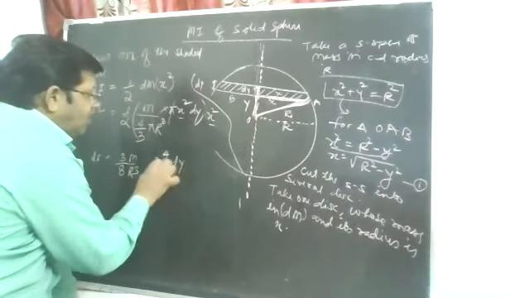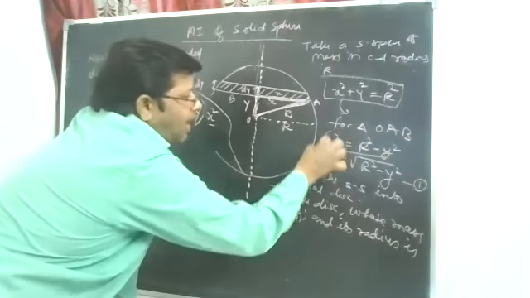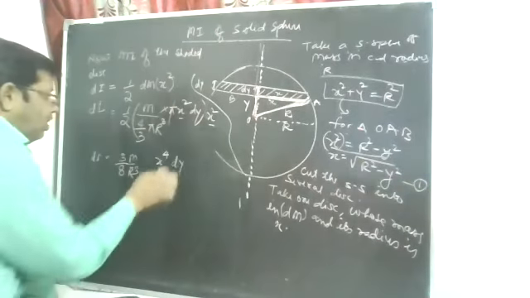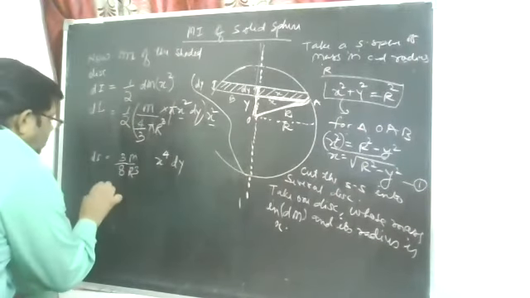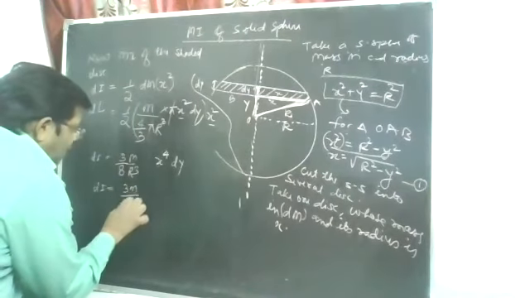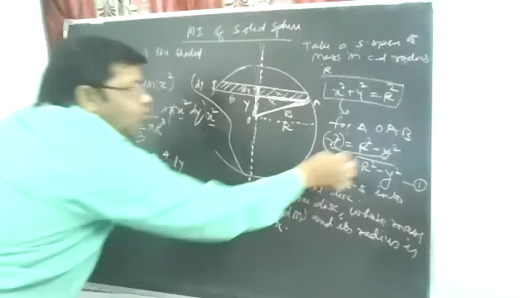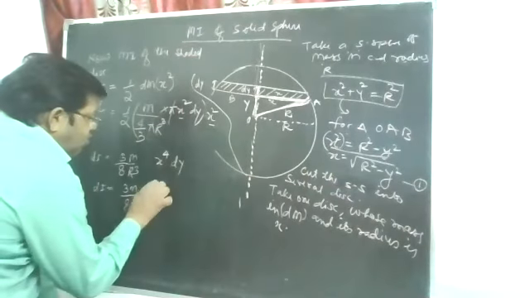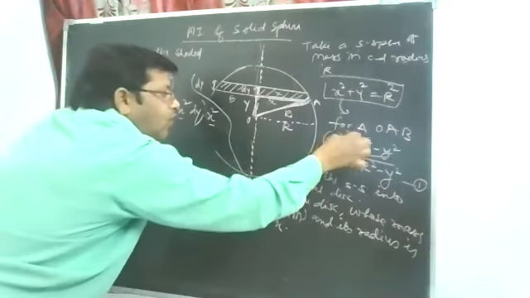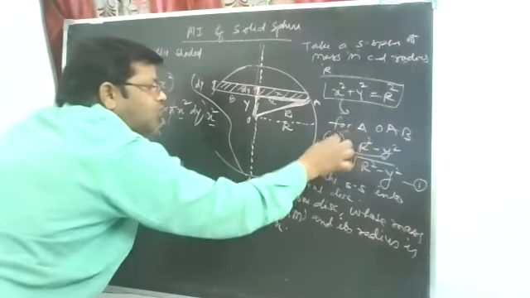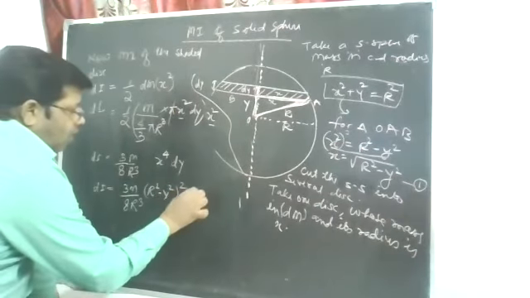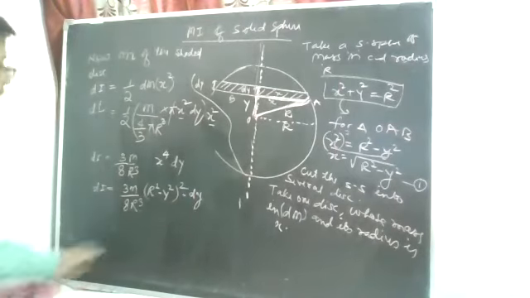Since these are two different variables, in place of x square put r square minus y square. So x to the power 4 dI is equal to 3m by 8r cube, and in place of x to the power 4 we can write (r square minus y square) whole square, because r square is equal to x square plus y square. Then square this side, it will become like this. And now here only one variable is there. Now you can easily integrate this equation.